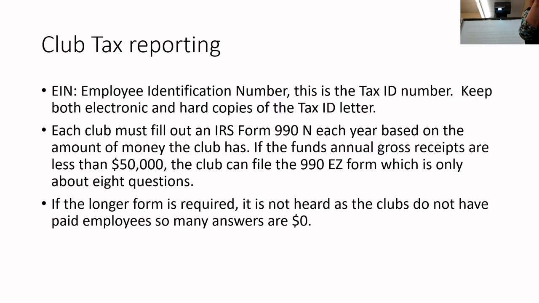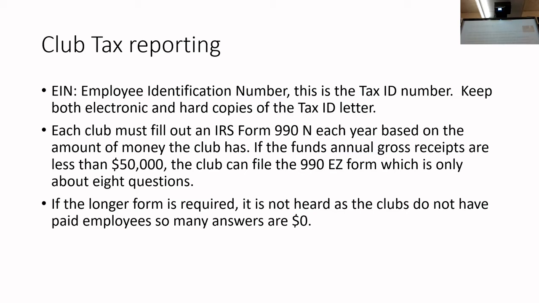Each club must file an IRS Form 990-N each year based on the amount of money the club has. If the fund's annual gross receipts are less than 50,000, the club can file a 990-EZ form, which is only about 8 questions. That's the little postcard thing. You do it electronically. It's not that hard.